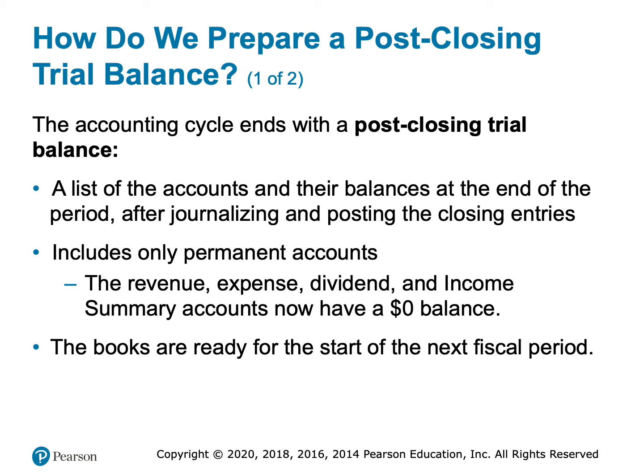So there's going to be no revenue, no expenses, no dividends, and no income summary on this trial balance. But what we will have now is retained earnings, because now retained earnings no longer has a zero balance. So only permanent accounts will be on this post-closing trial balance.